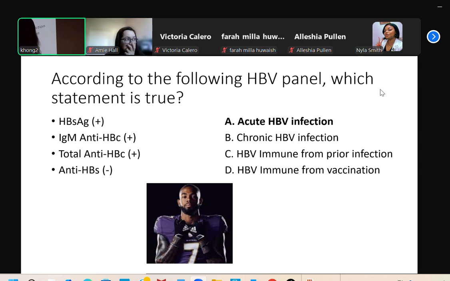So making this a negative, and that's the only change, the correct answer would be B. And then for C or D to be true, we would need this marker to be positive, and then we would deduce from there on. But I think we have another practice for that.